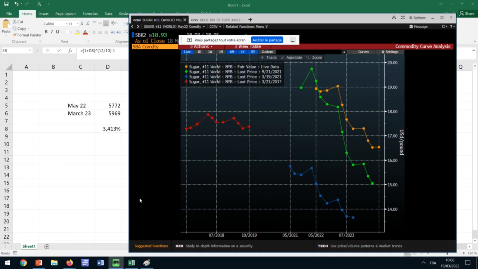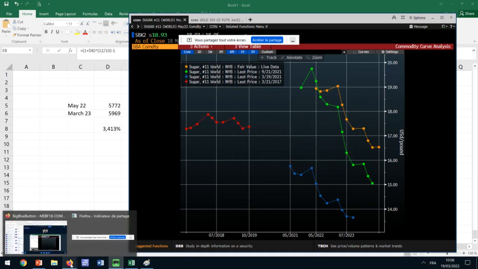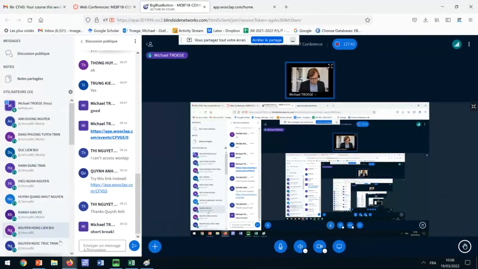What should we do? What kind of calendar spread should we implement? How can we benefit from flattening?